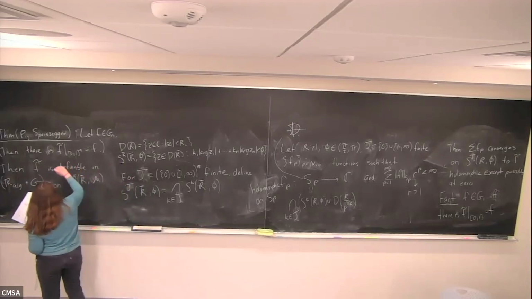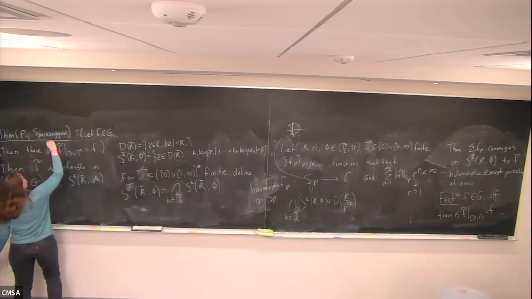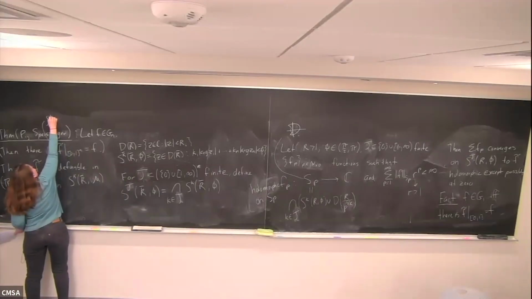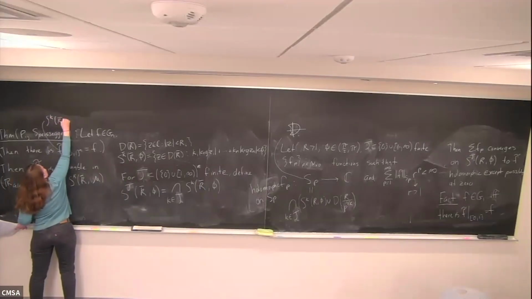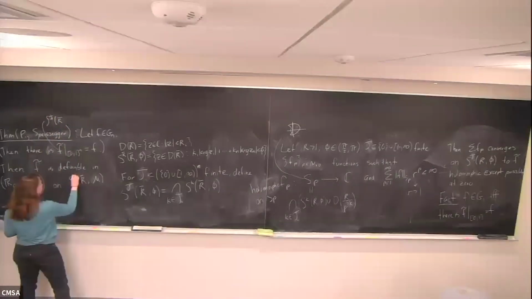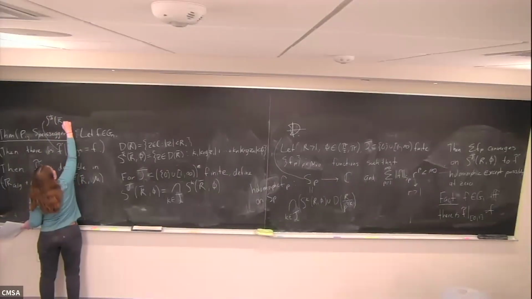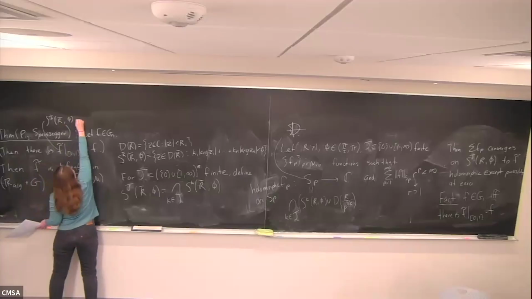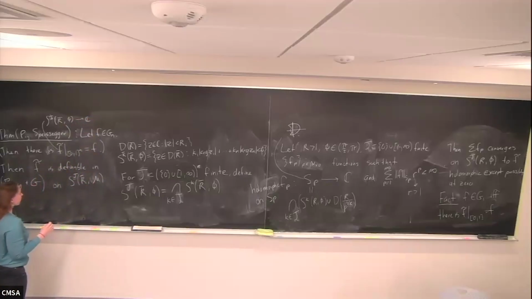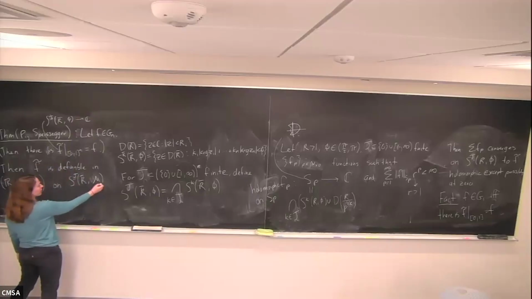So let me write. This F tilde is a function from some S_J to the complex numbers. And you get that it's definable, or it has tame geometric behavior, on a smaller sector.